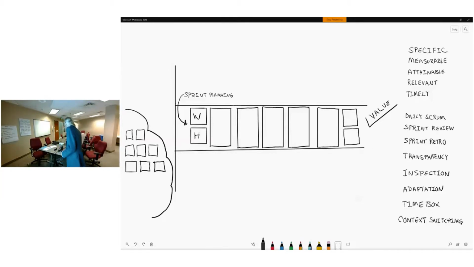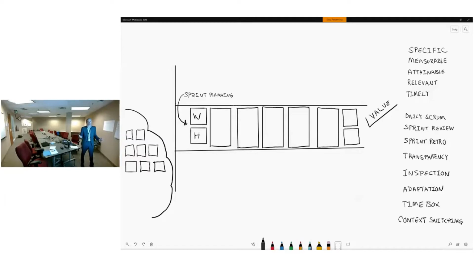Yesterday we spent quite a bit of time talking about roles, and we talked quite a bit about the product owner. And since the sprint planning meeting, the what section, is all about what it is that we're going to deliver, this would be owned by the product owner. And the what section has two goals. The first is to actually declare a sprint goal. We like to have a sprint goal for every sprint.